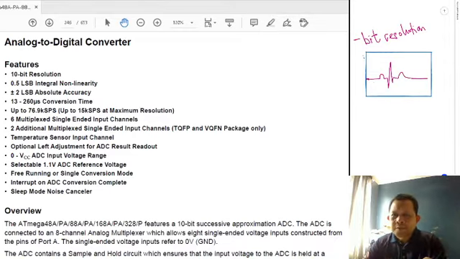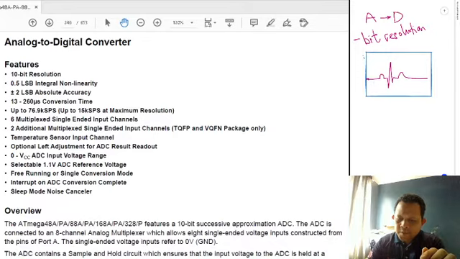Okay, so the thing is, when we convert from analog to digital, digital means it is digitized, it is discrete.